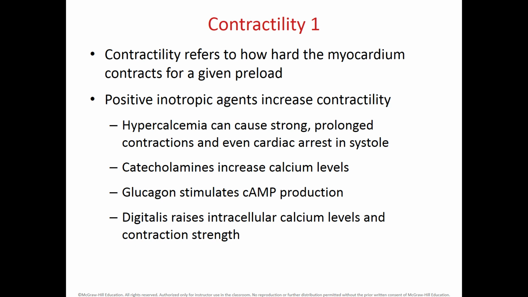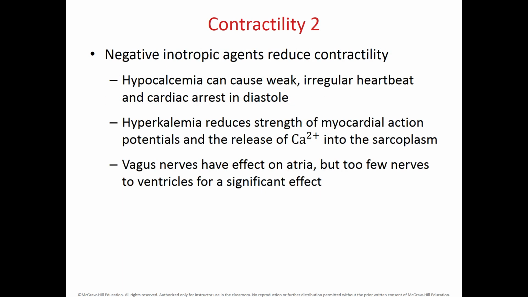So anything that increases calcium levels can increase contractility. Then you can have negative inotropic effects, related sometimes to low levels of calcium like hypocalcemia, high levels of potassium like hyperkalemia, or when your vagus nerves don't work as well, and then you have less contractility of the heart.